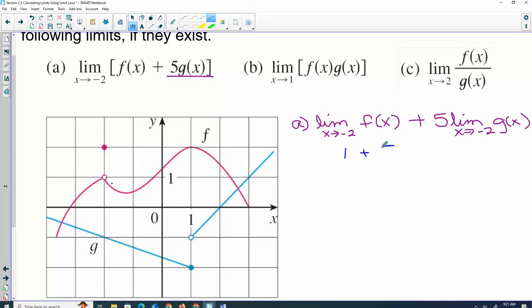Okay, plus 5 times. As I'm approaching negative 2 on function g, from both sides, what's that one going to? So we have 1 plus 5 times negative 1. 1 minus 5 is negative 4.